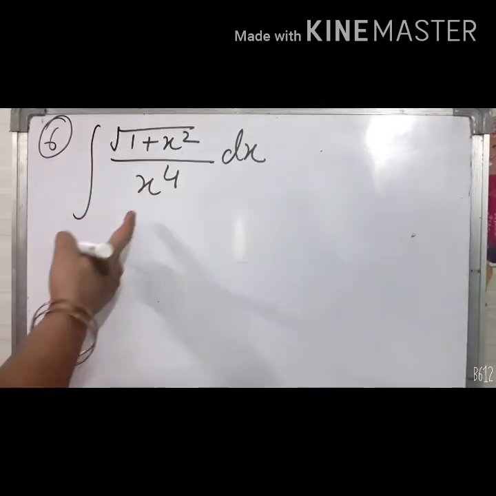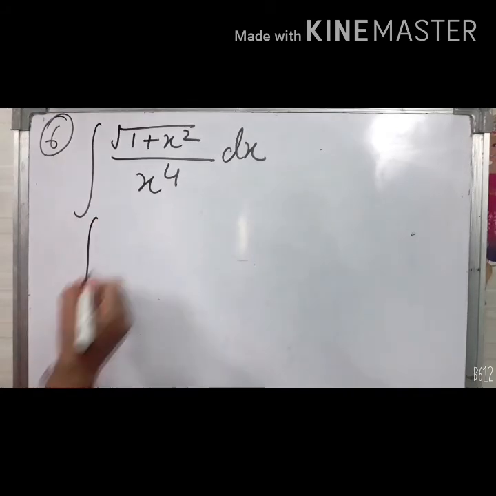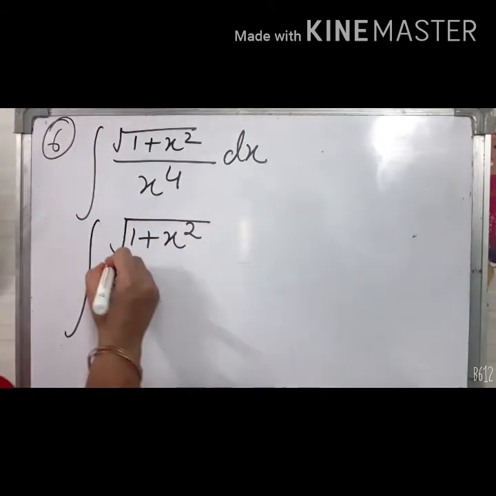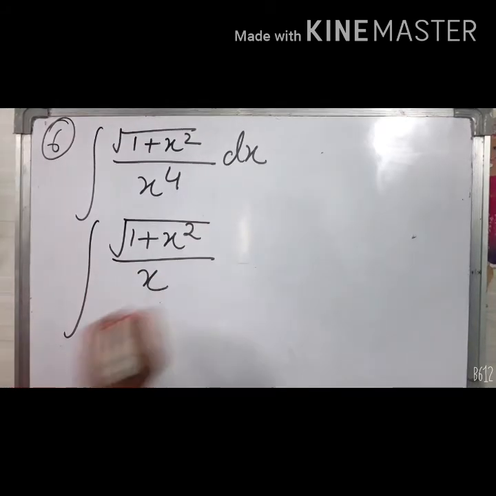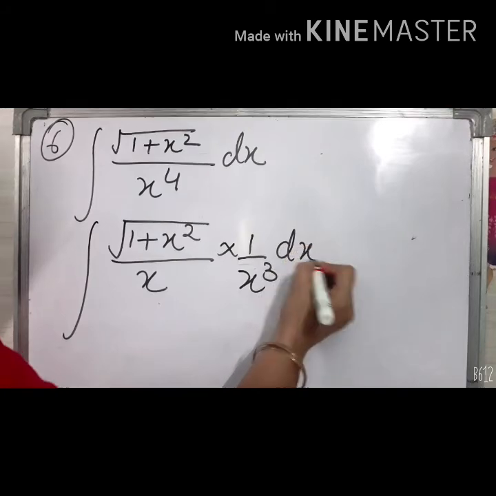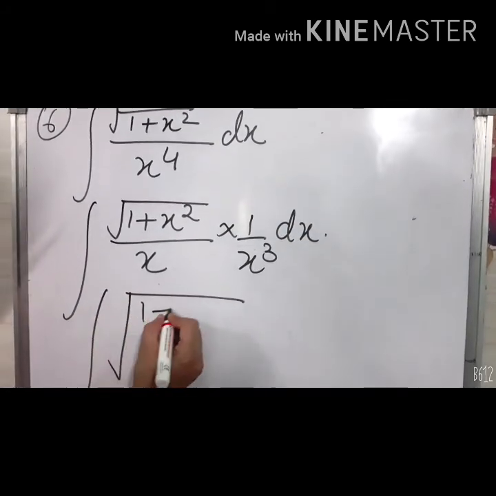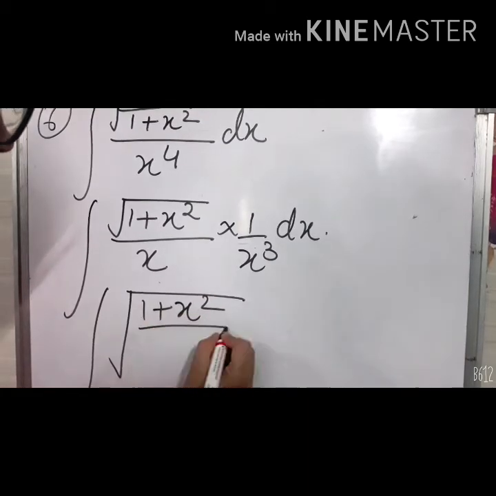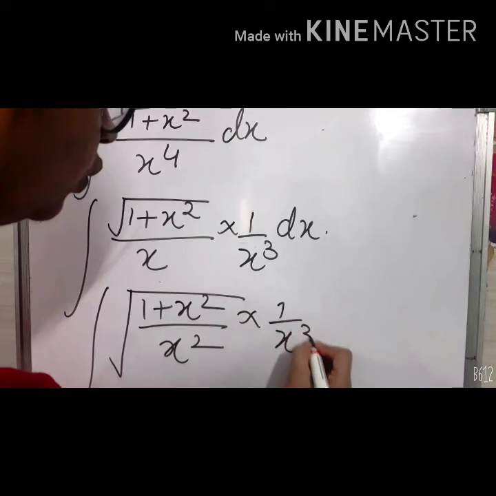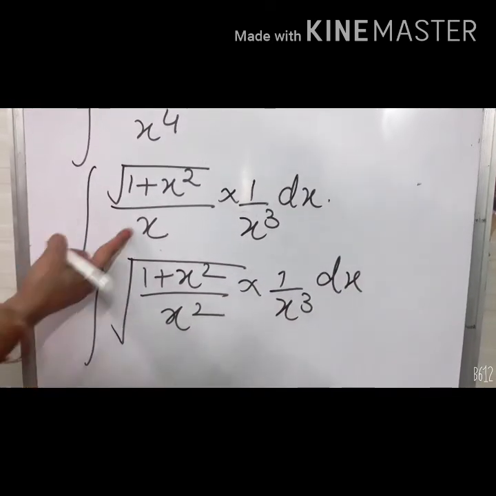Under root of 1 plus x square by x to the power 4 into dx. What we will do, this is also tricky. I will break it like this. Taking the whole part as the root of x square into 1 by x cube into dx, because if you take the root of x square, you will get x.